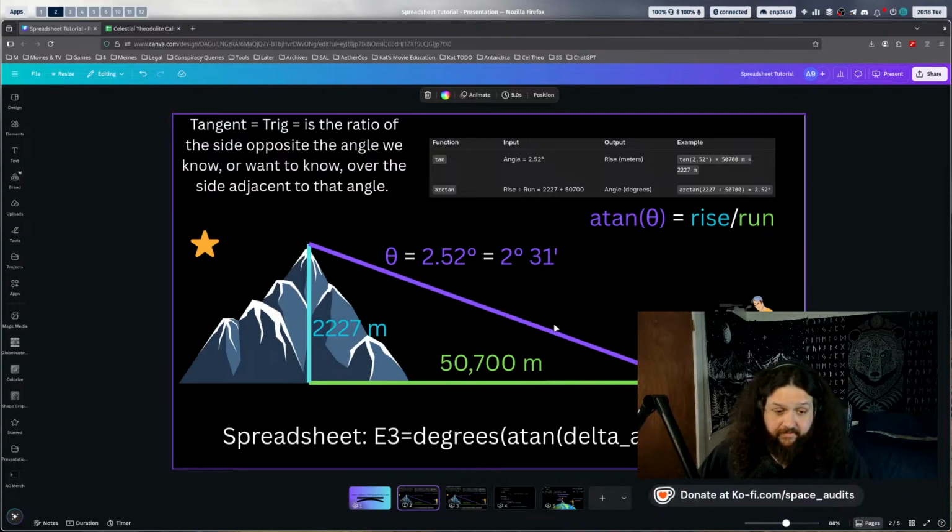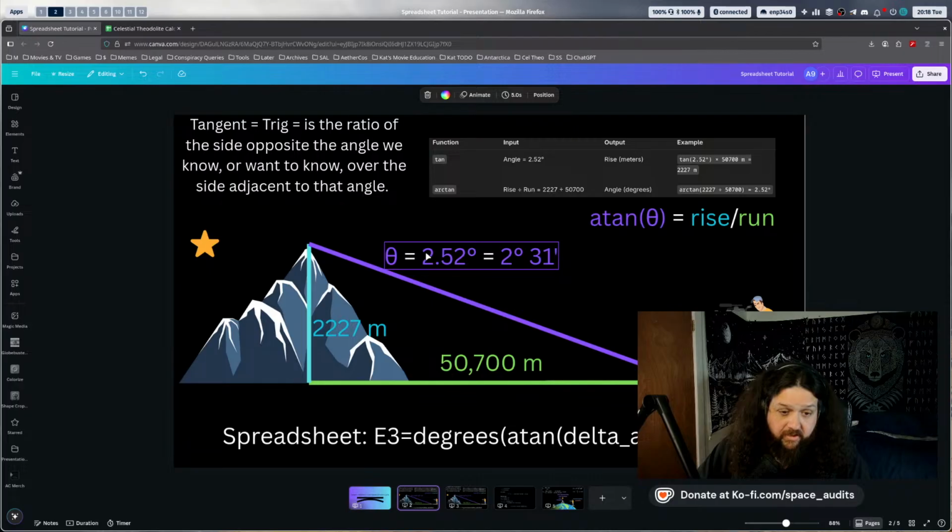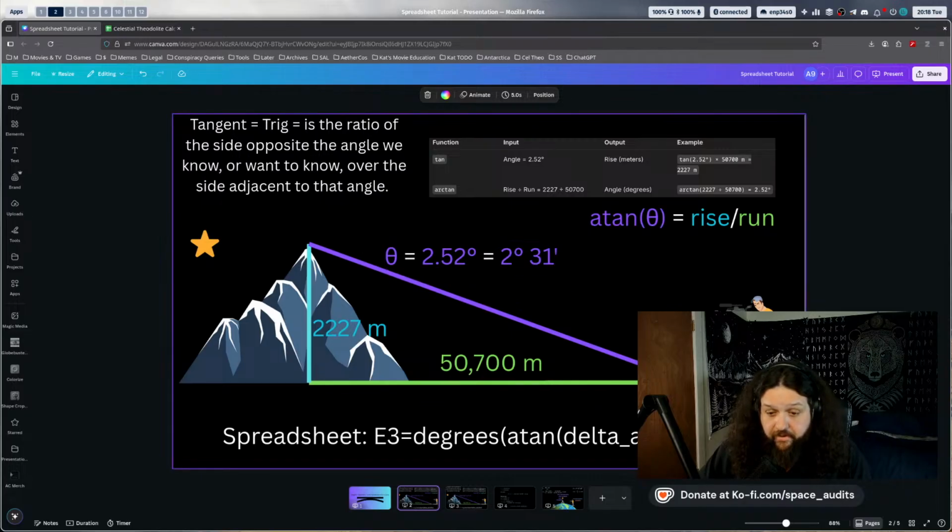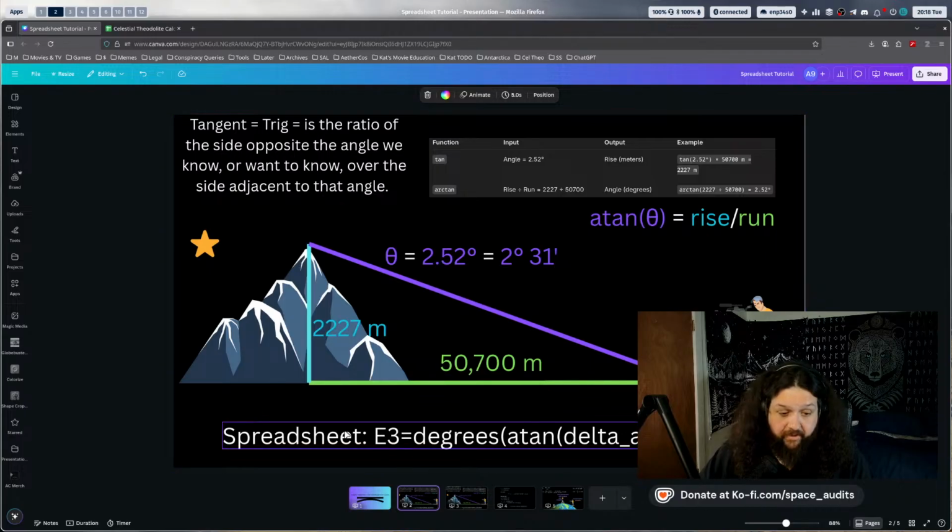When we do the rise over run for that, we get 2.52, which converts into degrees, minutes, seconds as 2 degrees 31 arc minutes for our angular elevation to the mountain based off of how far away. And you can find that on E3 on the spreadsheet.